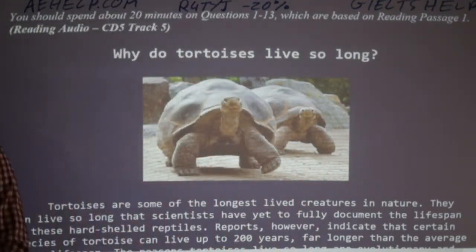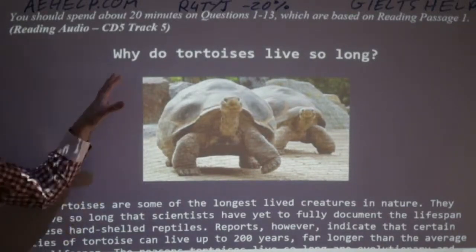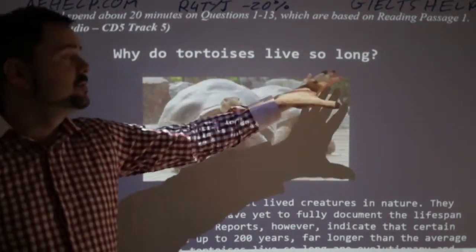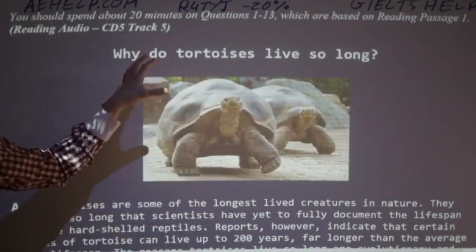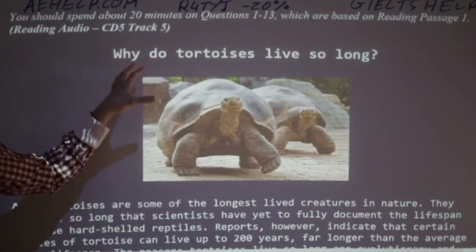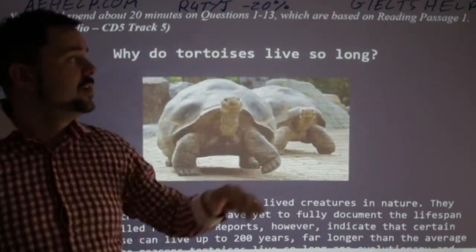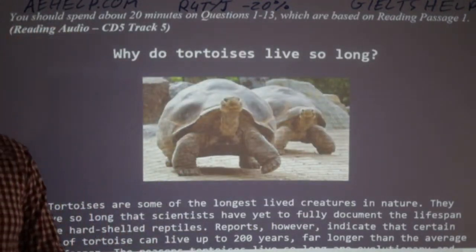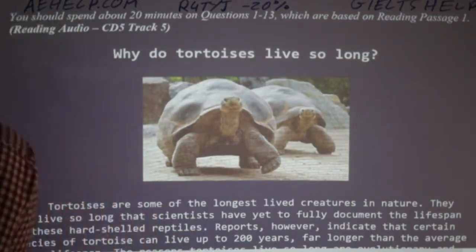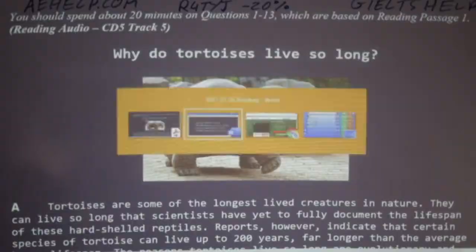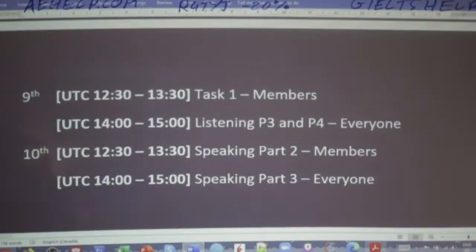All right, everyone. So when you see this title, Why Do Tortoises Live So Long? You should firstly think critically about this question, okay? You should ask yourself that question and give it some answers. So what do you think, members?